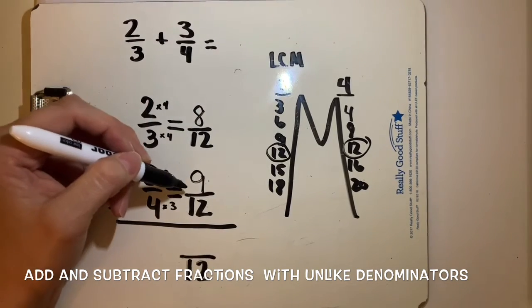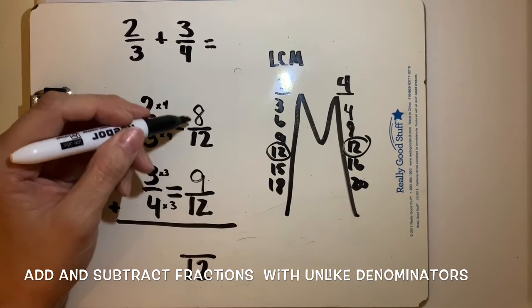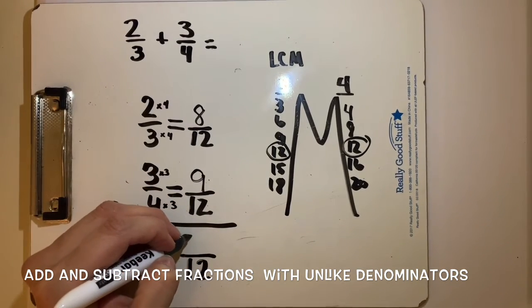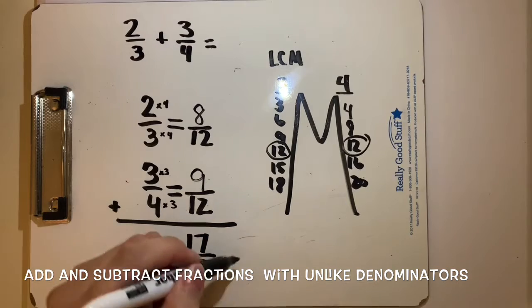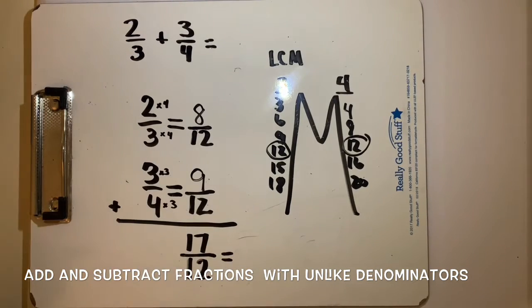So we've got 8 plus 9. 8 plus 9 is 17. Now you might say, whoa, Miss Duffy, the numerator is bigger. So now we've got one of those improper fractions. It's a little top heavy. So let's go ahead and simplify this and turn it into a mixed number.